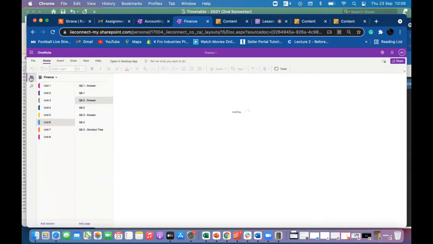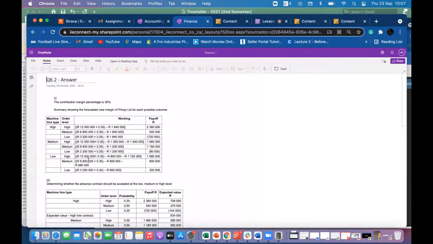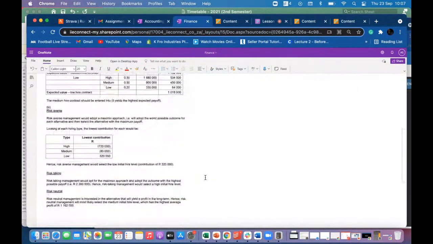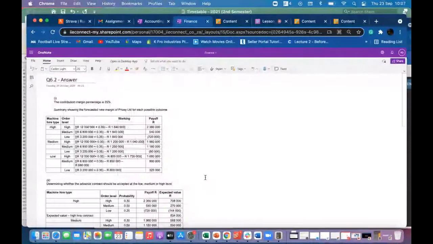Then let's go to the second one, exercise 6.2. Okay, so here they're talking about the different risk levels.